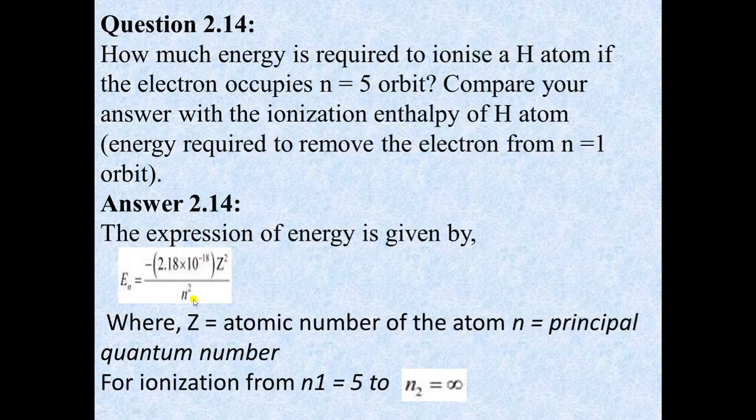Now here we want to eject one electron, because here there is ionization of hydrogen atom. So here we are removing the electron from n = 5. So the electron will go from the 5th orbit to infinity. So here the value of n1 is equal to 5 and the value of n2 is equal to infinity.